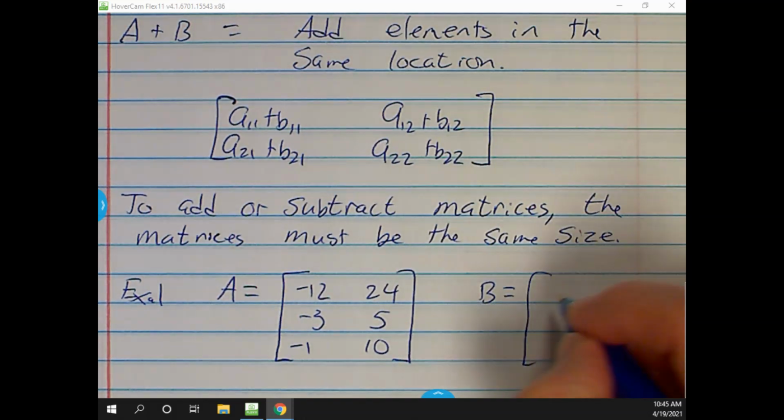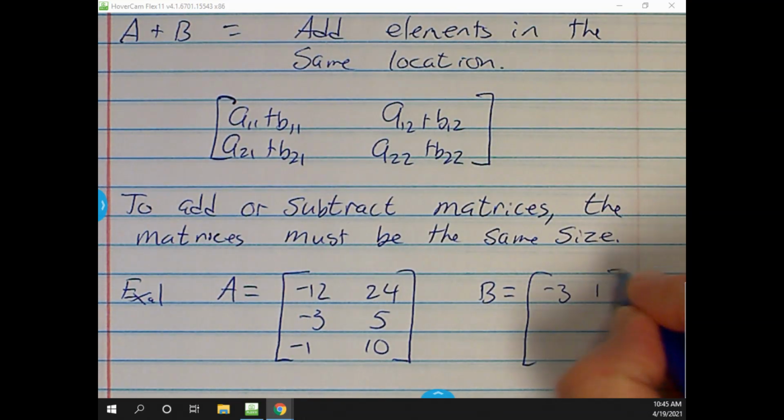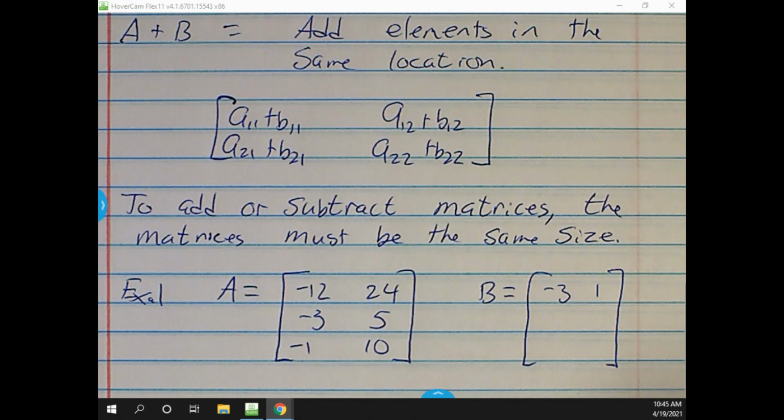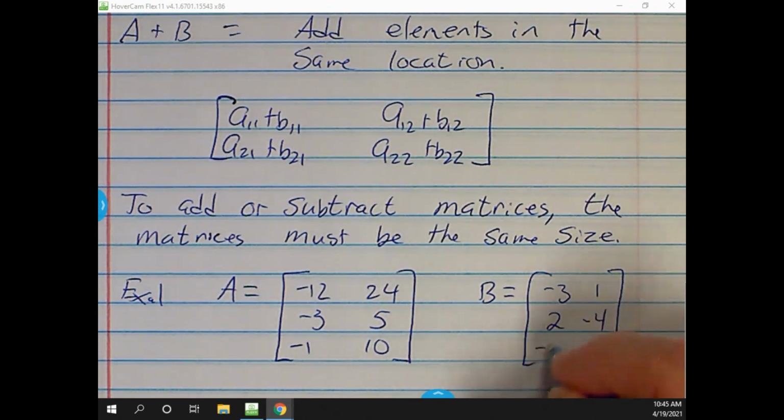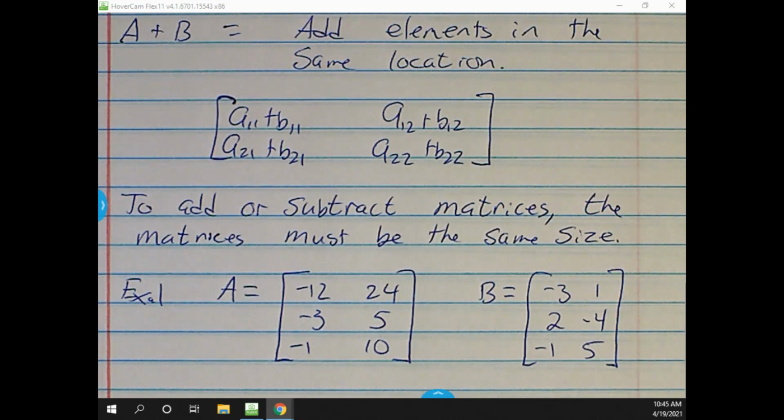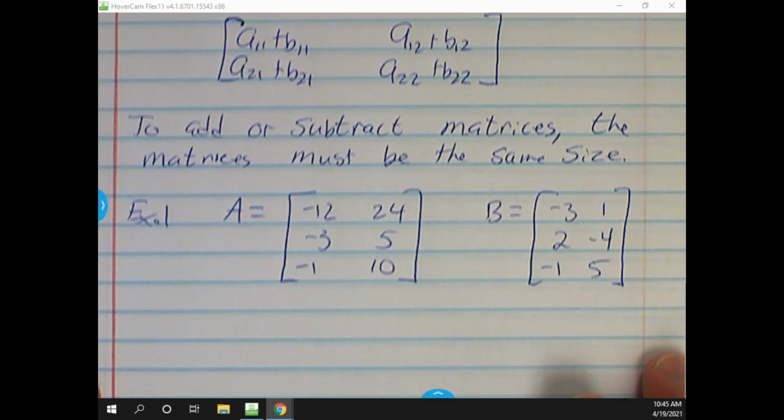For B, let's go -3, 1, 2, -4, and -1, 5. We'll do both options: A plus B, and then A minus B, just so you can see what's going to happen.